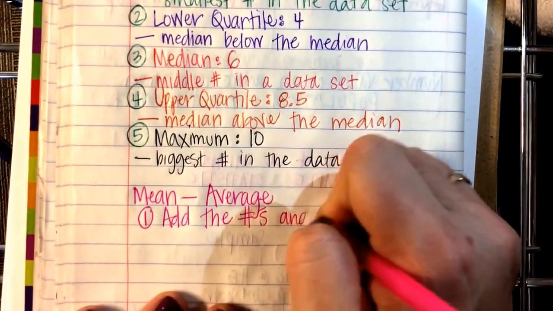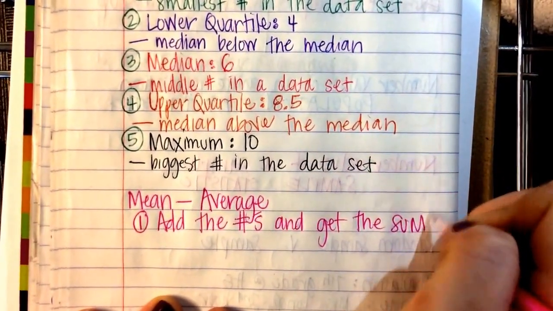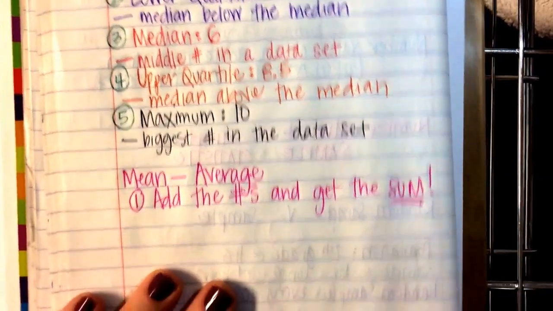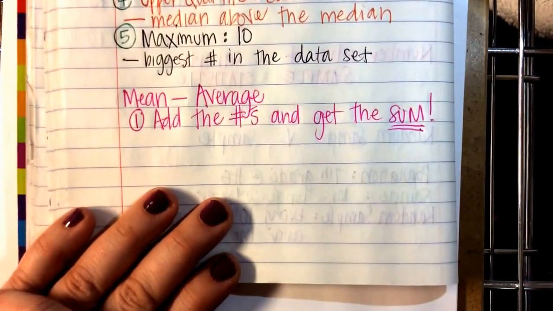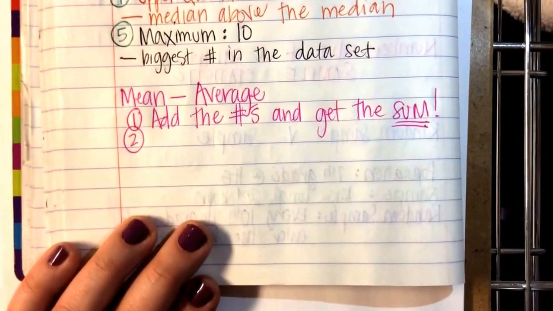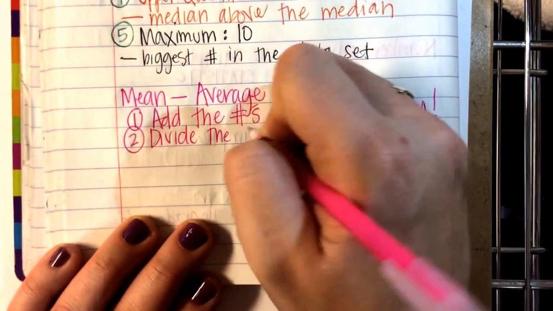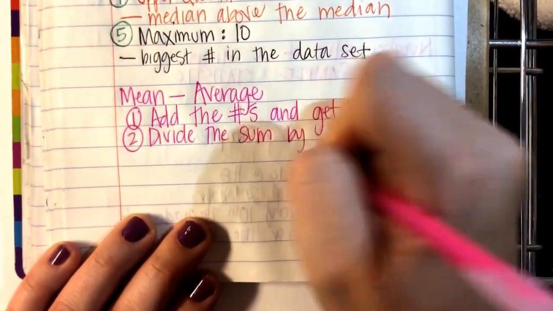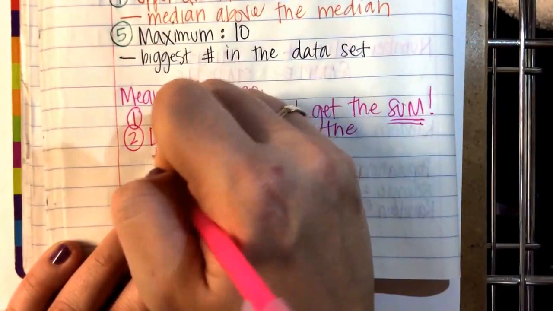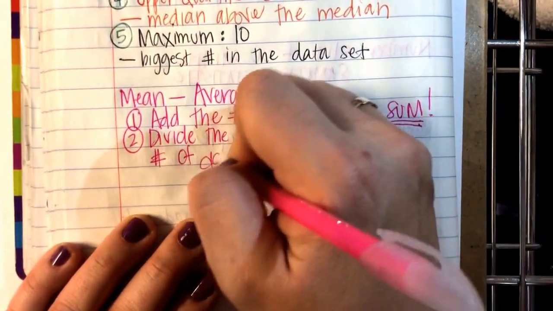Perfect. And then you divide by however many numbers there are. Divide the sum by the number of data pieces.